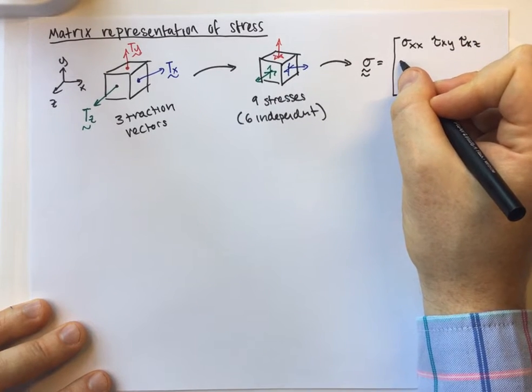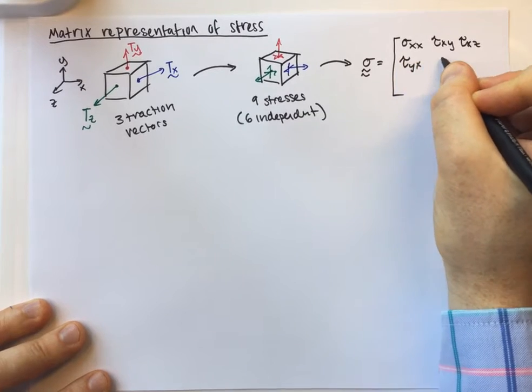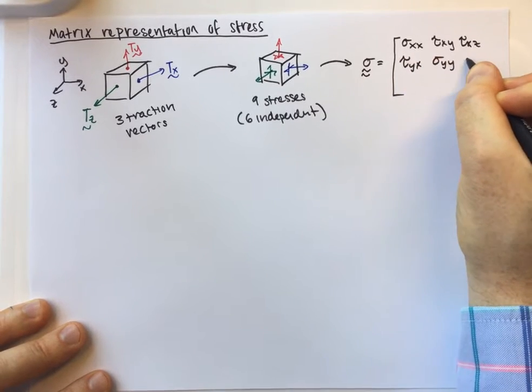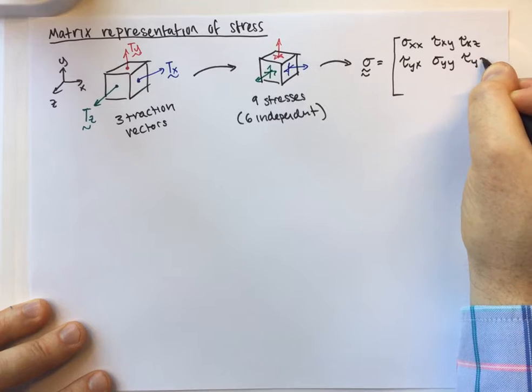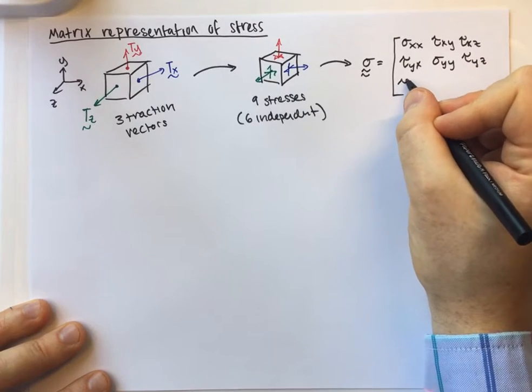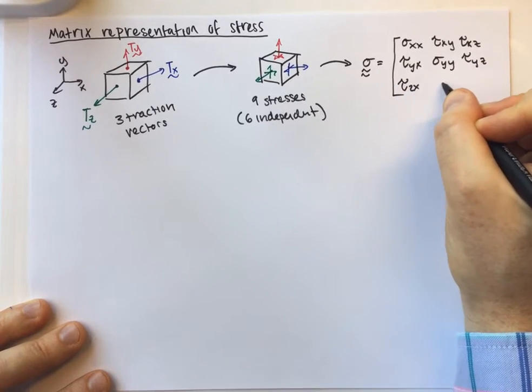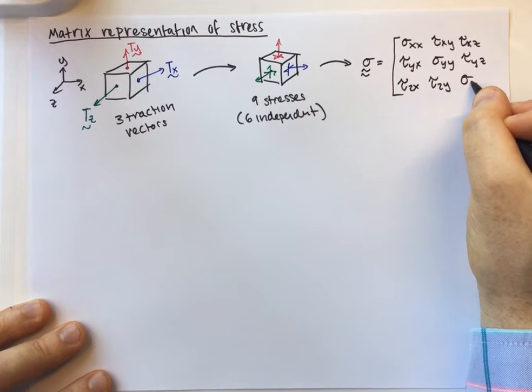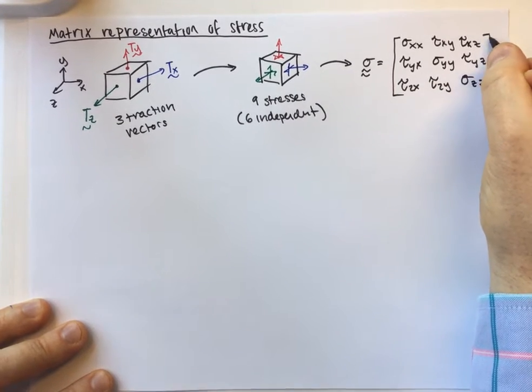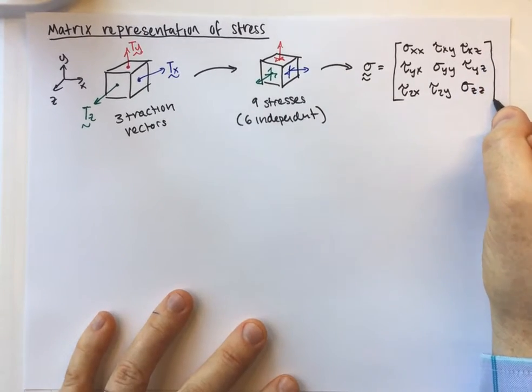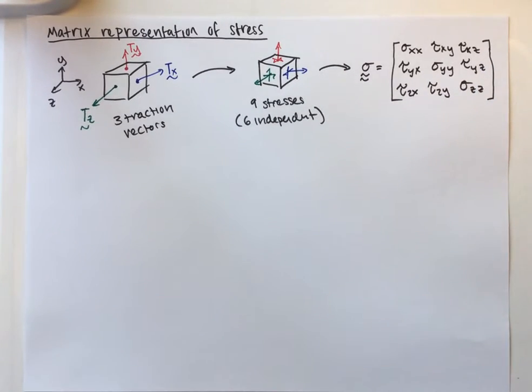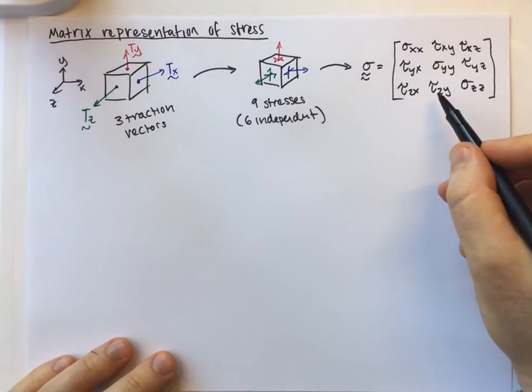We're going to have tau yx, sigma yy, tau yz, and we're going to have tau zx, tau zy, and sigma zz. So that's pretty cool. It ends up being a matrix.